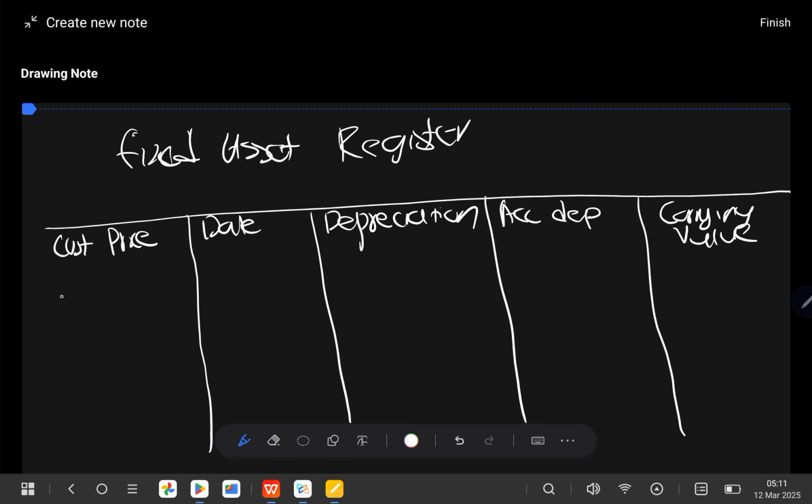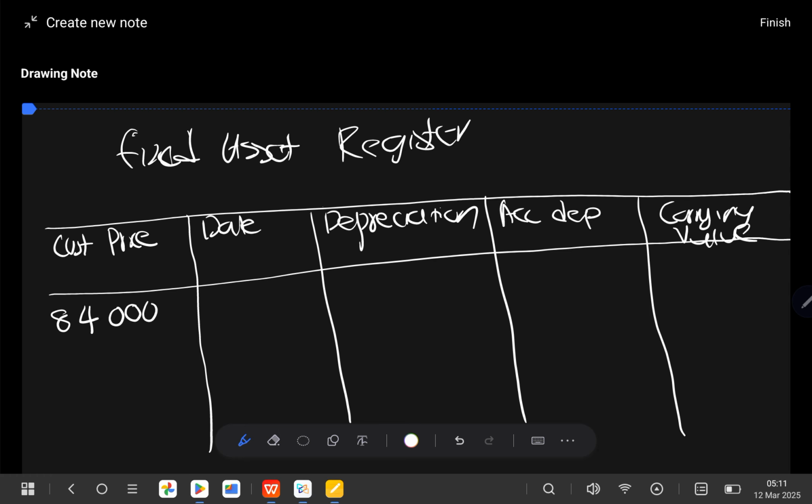Okay, so now remember, cost price won't change. Your cost price was still 84,000, right? And then this date when you bought it, your year ended on 28 February 2018.